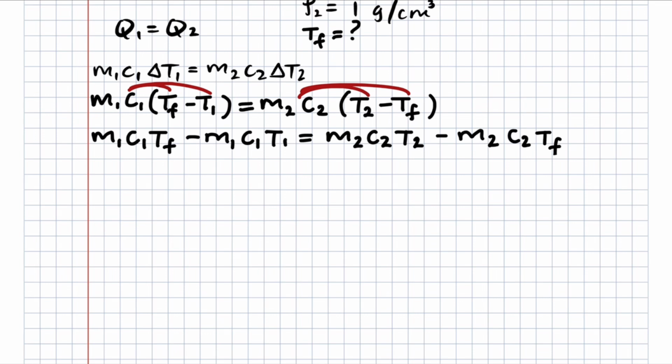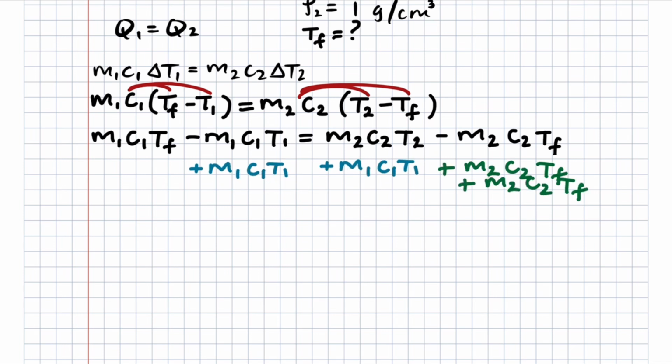Change a color here real quick so you know what I'm doing. And of course, whatever I do to one side, I'll do to the other. So these two will cancel, and these two will cancel.